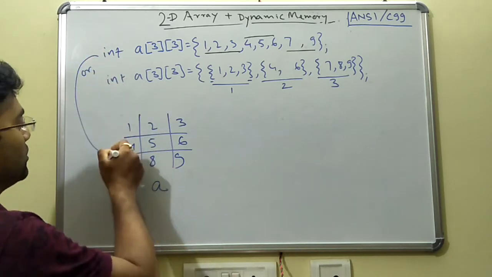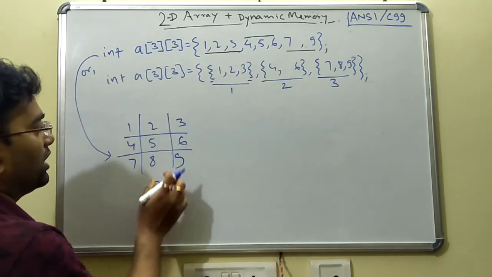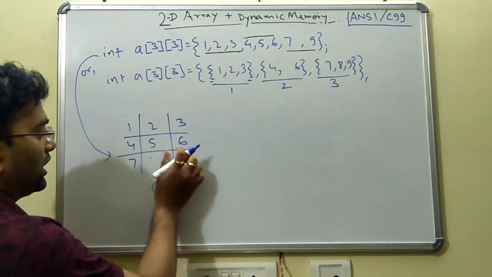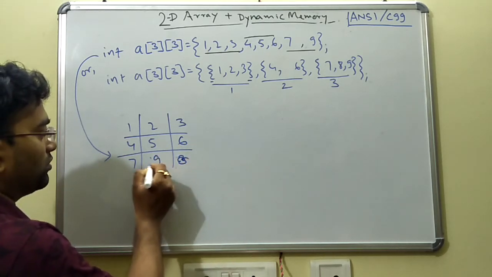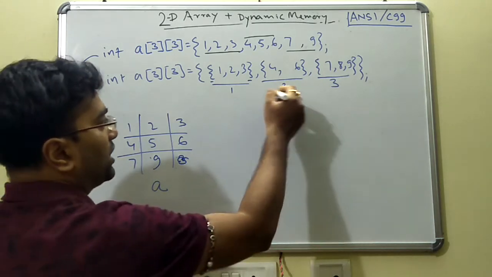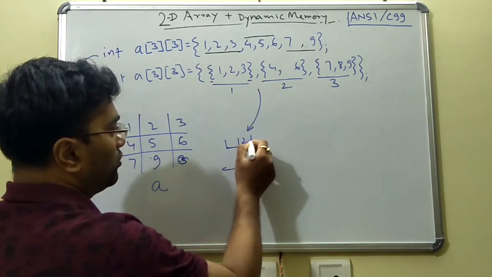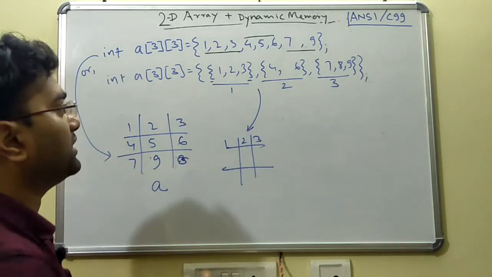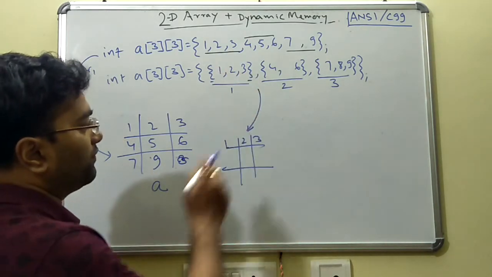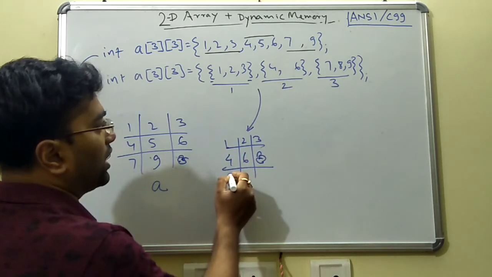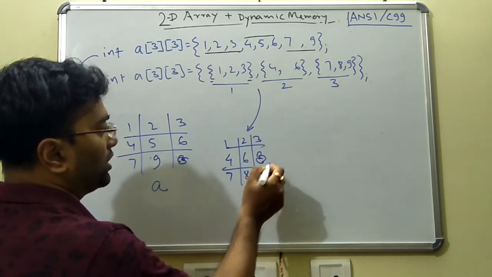If you go by this rule, as there are only 8 elements out of 9, the last element contains a garbage value and this will be 9. But in case of the second one, 1 2 3 will be as it is because within this brace, then 4 6, so it will be 4 6 and garbage, and then 7 8 9.